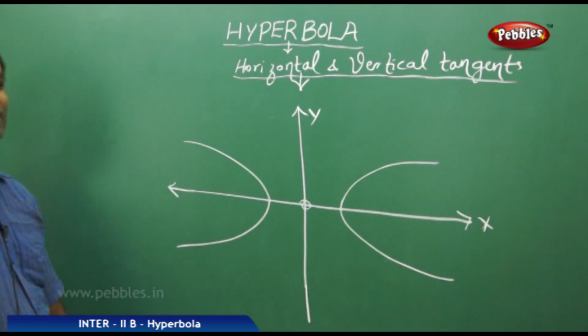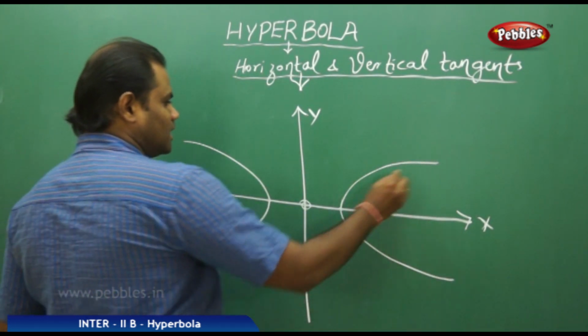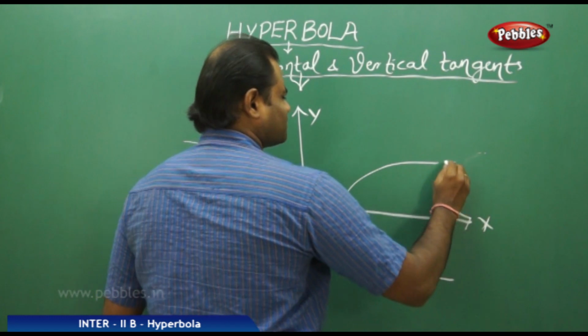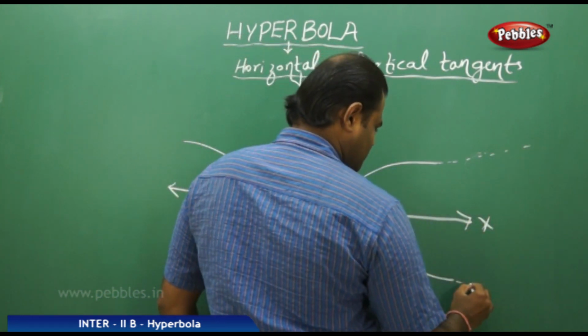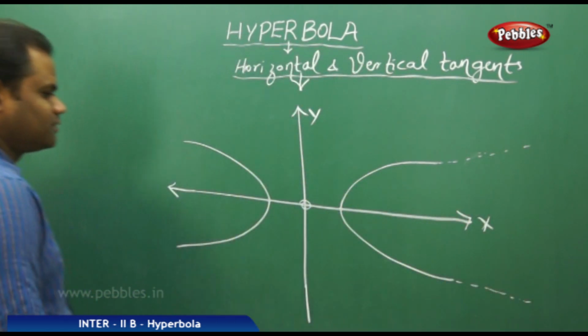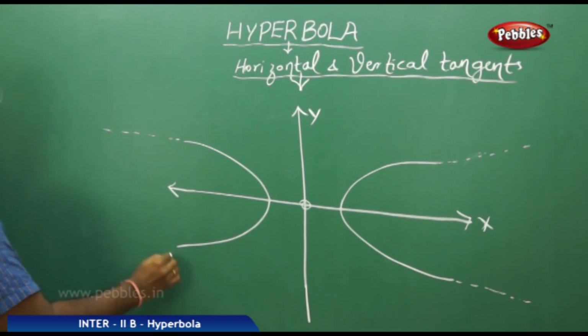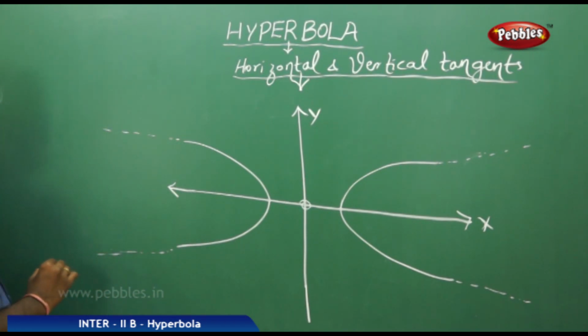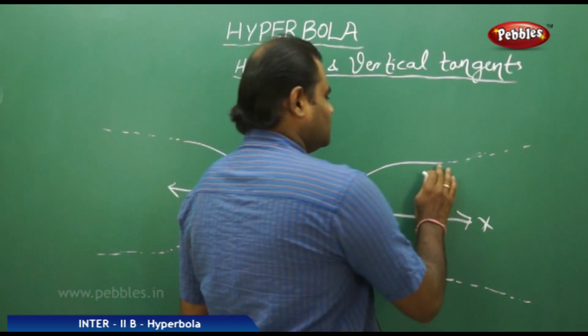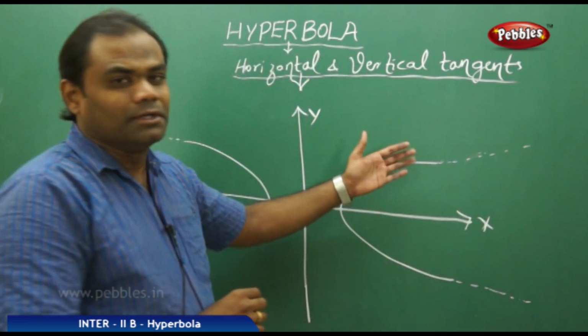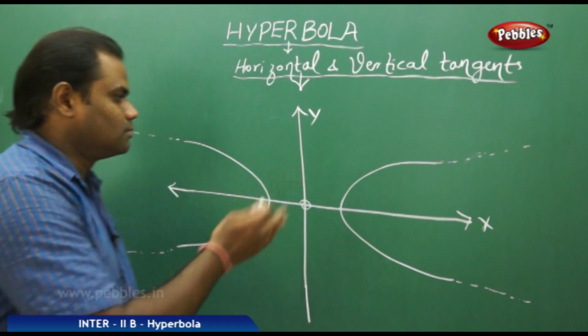in this form. Now we see that this extends till infinity out here on the left, and this extends till infinity on the right, which is how we see the hyperbola extending outwards.